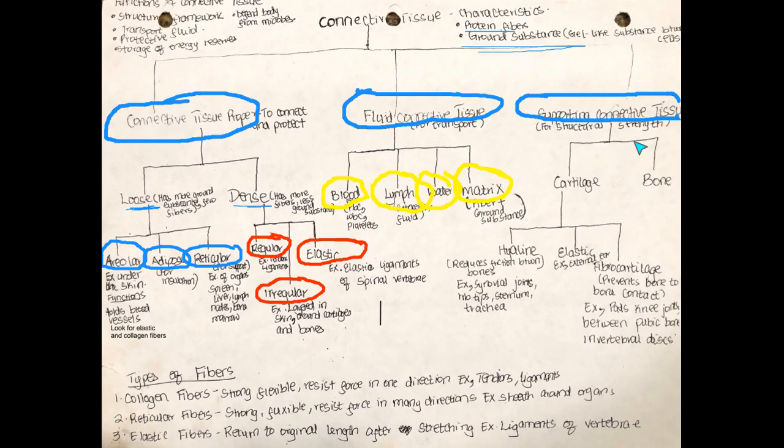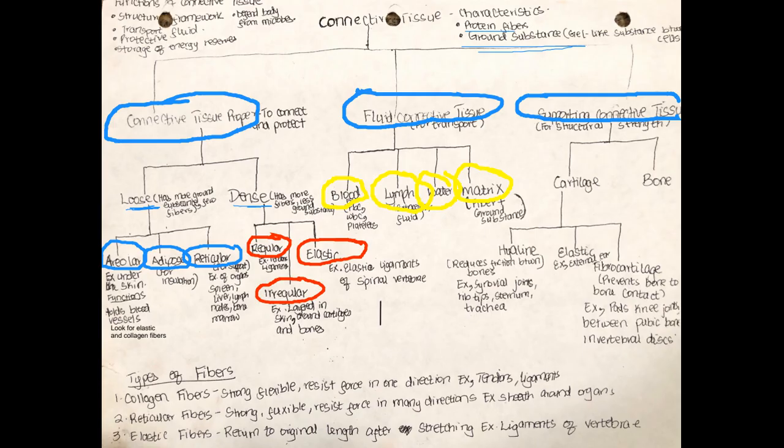Okay. So with blood, blood contains some different types of cells. So you have red blood cells, white blood cells, and platelets, which are the cells that we find in blood, okay?